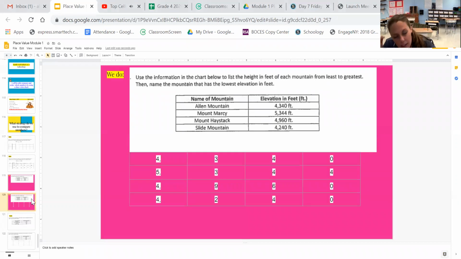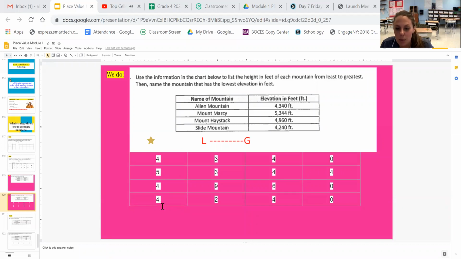All right. Now that you've put them all in order, just a reminder, we're putting them in order from least to greatest, so from smallest to biggest. Of course, we're going to start in that biggest place value, which is the thousands place, and we're going to look for the smallest number. Okay, I'm seeing 4, 5, 4, and 4.